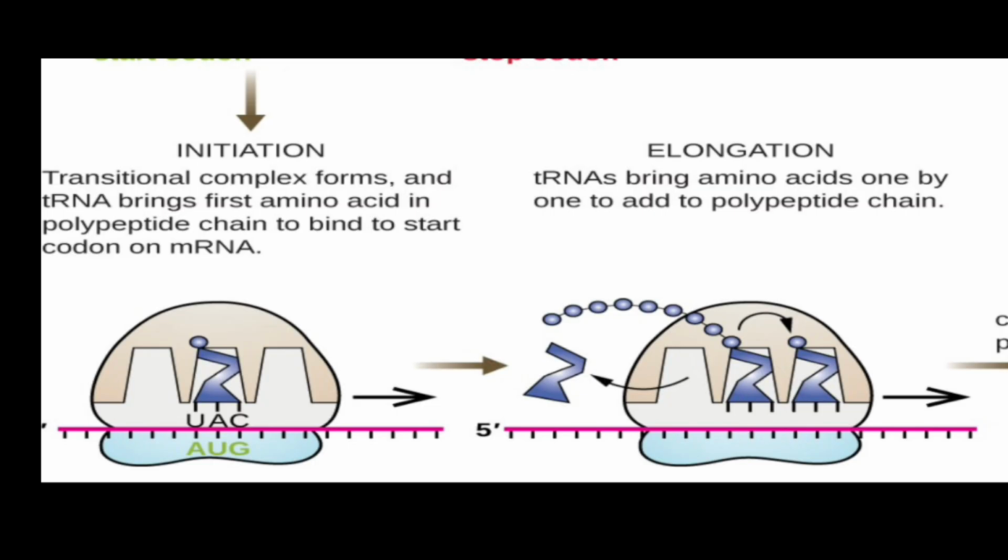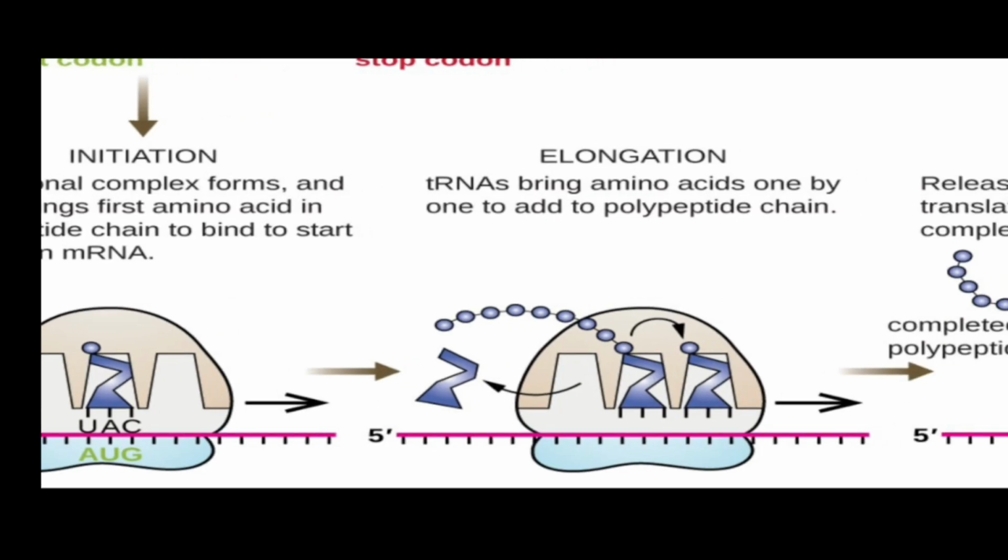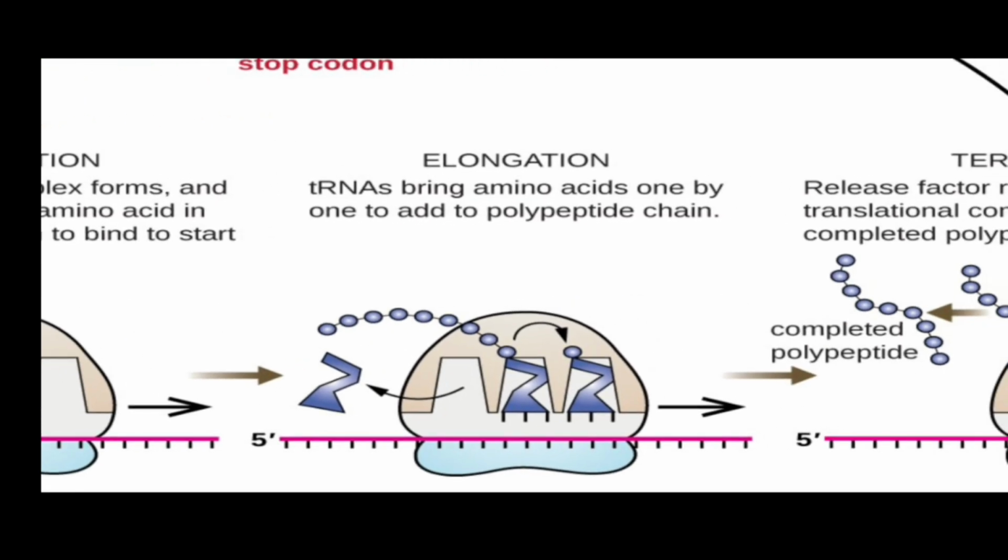The function of the A site is to welcome the incoming transfer RNA that contains the amino acid. So here on the A site, there is a transfer RNA containing an amino acid, and that amino acid shall make a peptide bond with the already existing peptide chain, and it will get elongated to make a longer polypeptide chain.